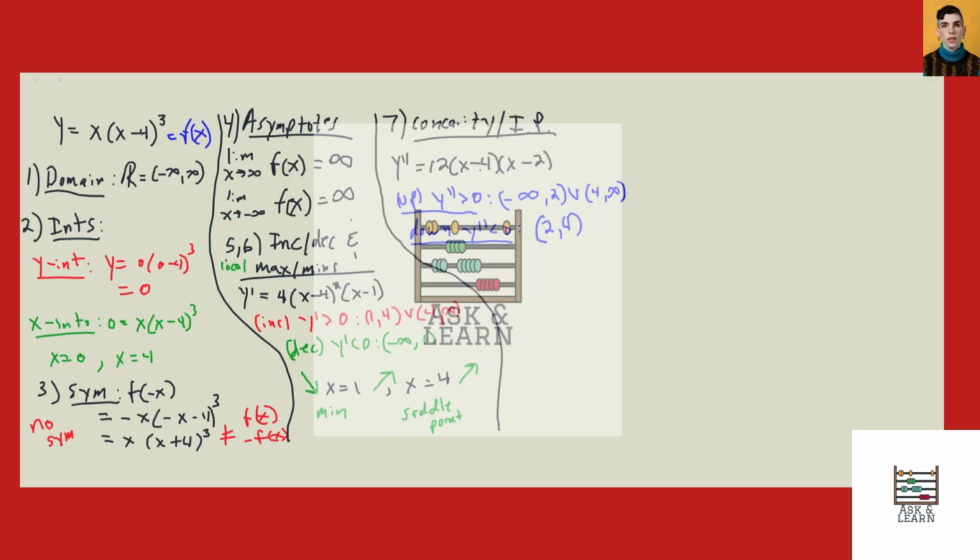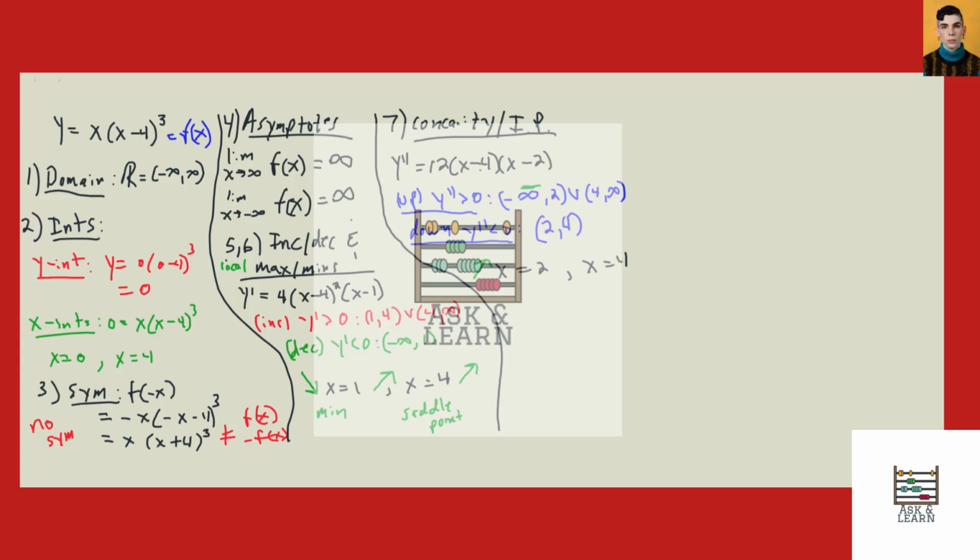Now, our two possible points of inflection are going to be x equal to 2 and x equal to 4. So now let's go ahead and see. To the left of x equal to 2, we are on the interval from negative infinity to 2, so we should be concave up.